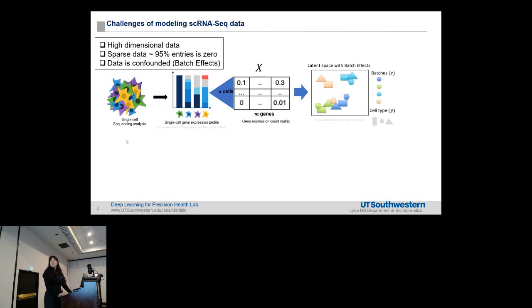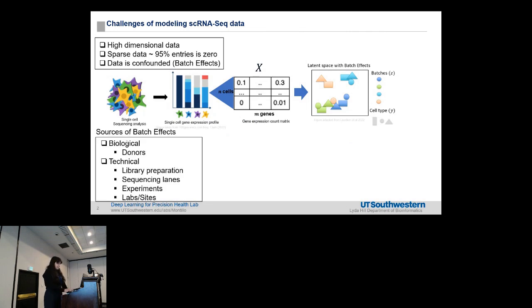And when it's confounded and you reduce the dimensions, sometimes it looks like this. This is a two-dimensional latent space with batch effects in which the cells are clustered by batch, which are the colors, instead of by cell type.